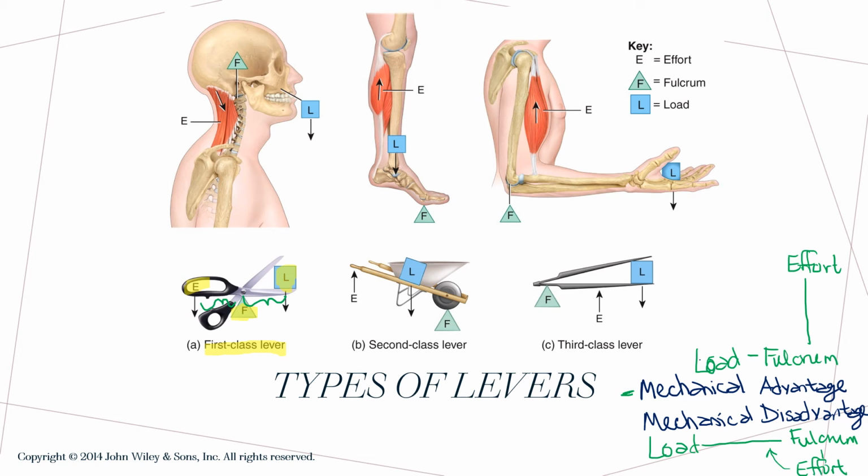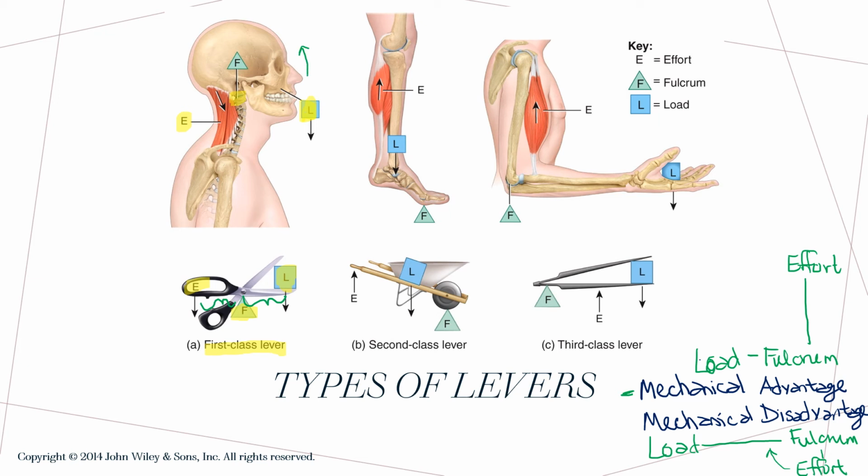So here the fulcrum is the atlas vertebrae. The effort is the muscles contracting here, and then the load is the weight of the head, where the load is pointing downwards when we want the movement to be upwards.